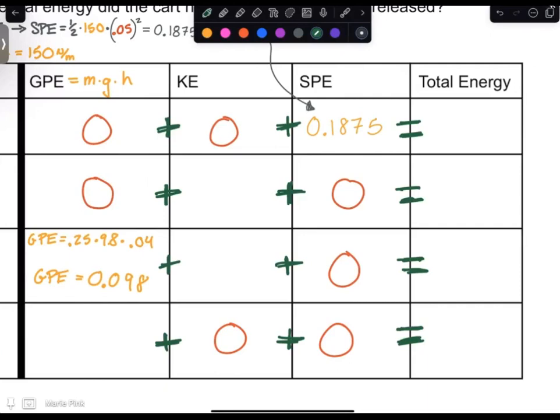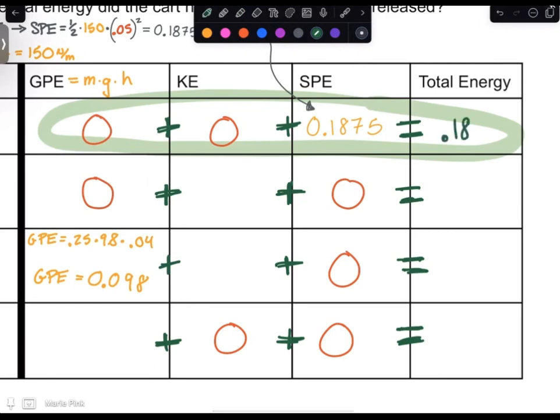So now if we look at each of these rows, we need to find one that is only missing one thing, and that is going to be this row right here. So we're going to look at it and go, 0 plus 0.1875 is equal to 0.1875. Now, if you remember, energy cannot be created or destroyed.